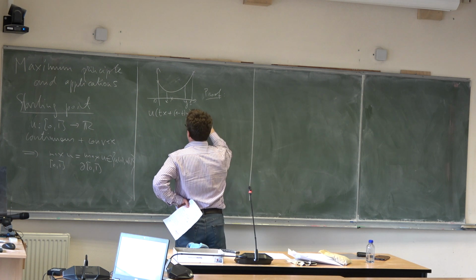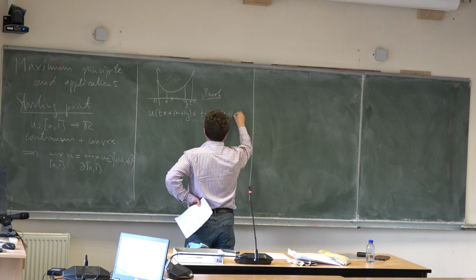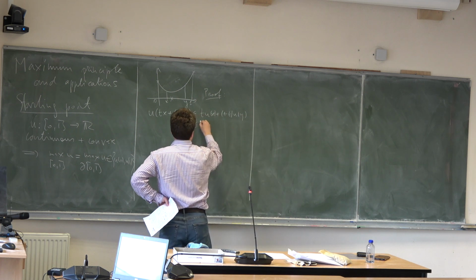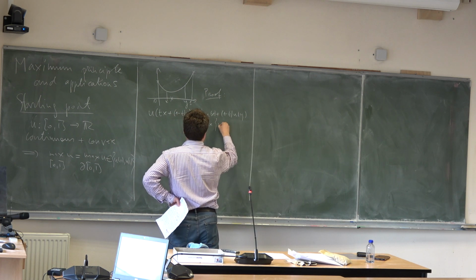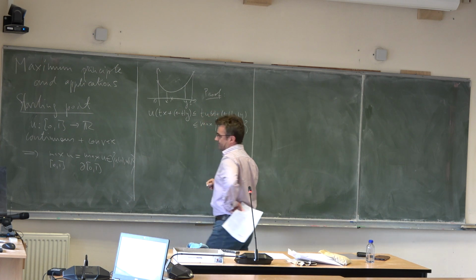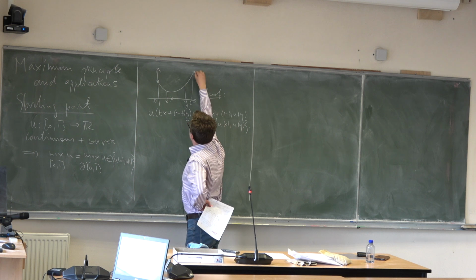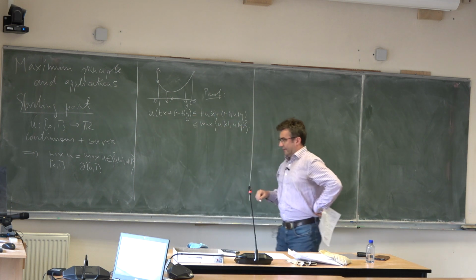You use the definition of the convex function, and you see that this is less than the maximum between u(x) and u(y). So then the maximum is either here or there.